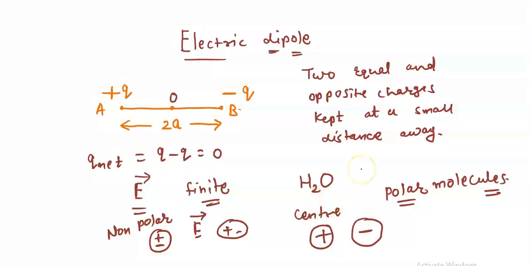Having said that, do remember that the electric dipole's dipole length is a very small quantity, a very short length. So that's why these molecular systems act as electric dipoles. Now comes the question: how do you define the strength of an electric dipole?